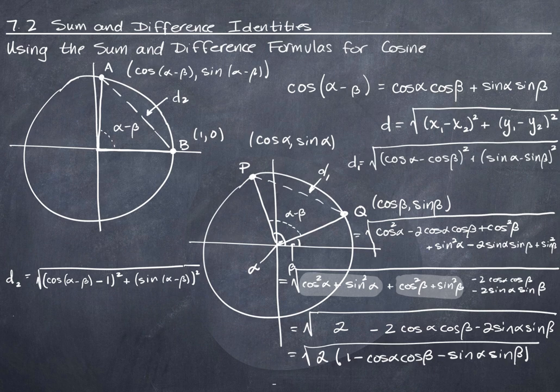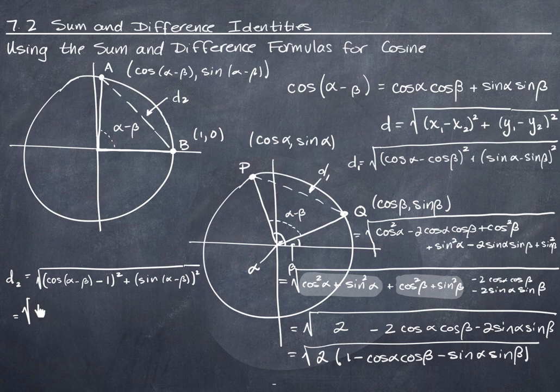This is going to be equal to the square root of, I have basically here an (a minus b) all squared. So I'm going to have a squared minus 2 times ab plus b squared.